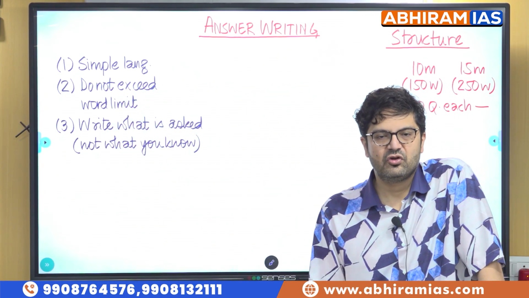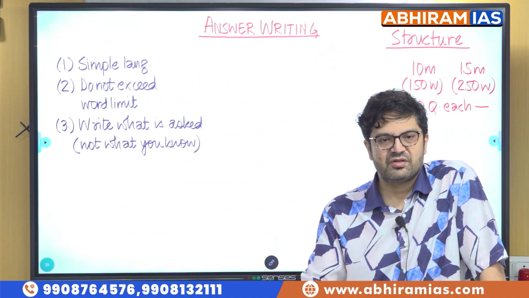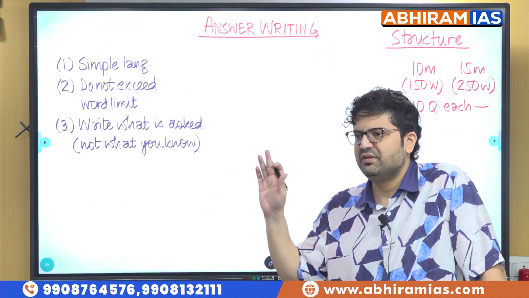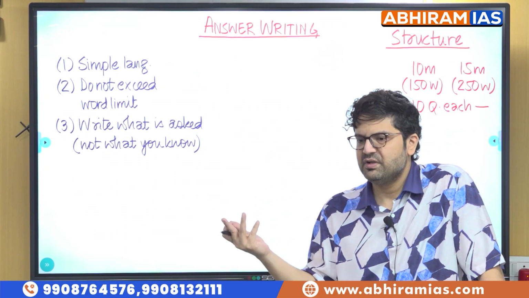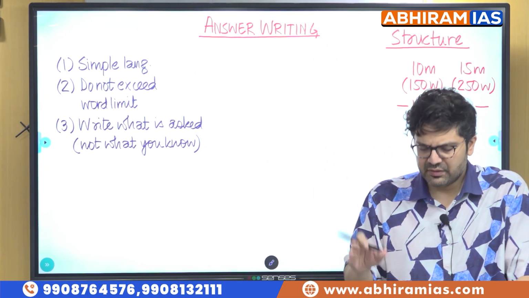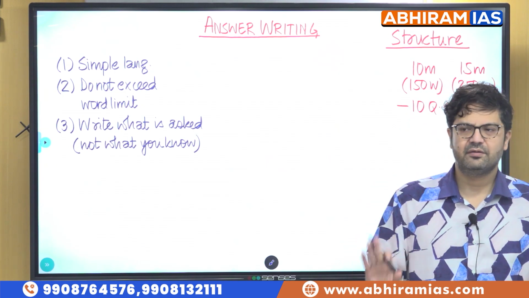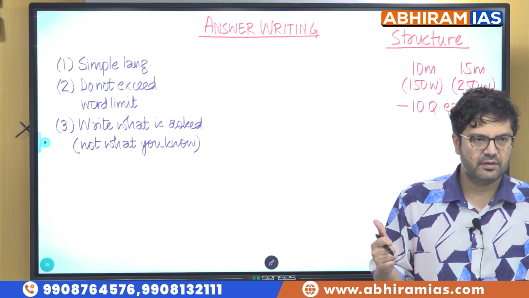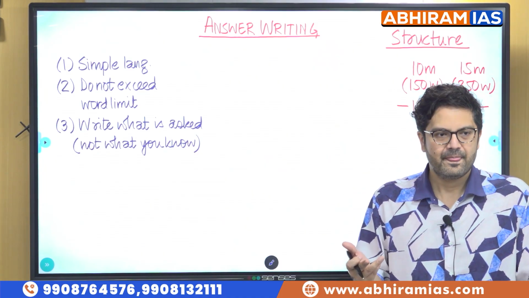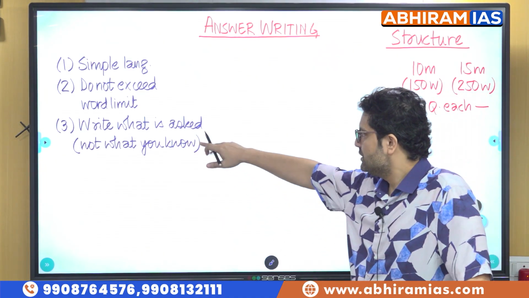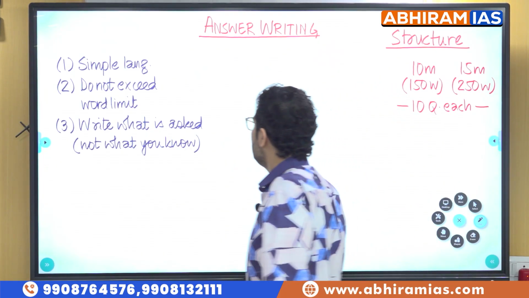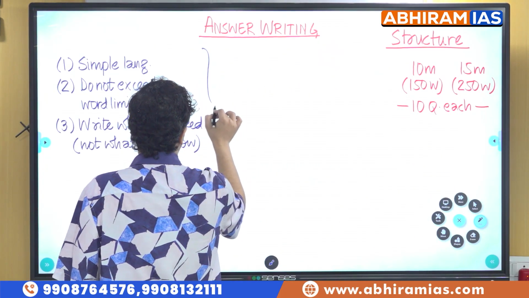In the college exam, we see the question, find one word that we know about and start vomiting on the paper everything about the word. 3-4 pages. Whether it is asked or not, that's not our concern. We tell the evaluator, you find the answer from my answer. It won't work here. Please write what is asked. No unnecessary details. We'll come to it today only. I'll show you how we can have this problem. So these three are basic things that every aspirant needs to follow.